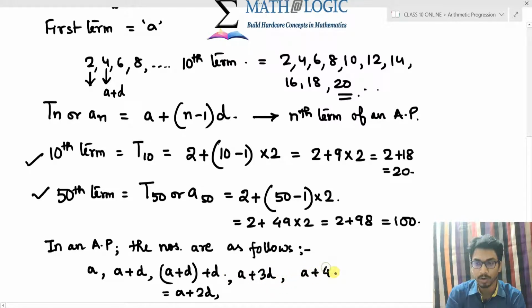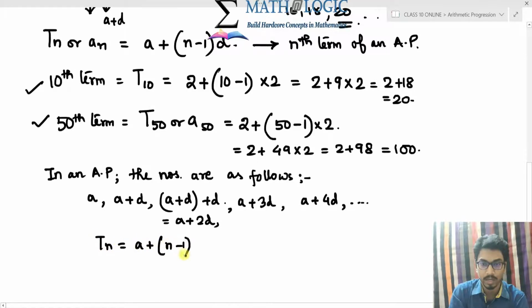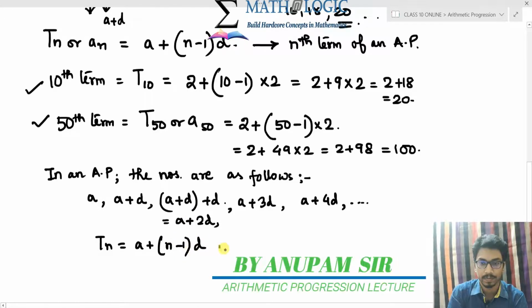Obviously A plus 4D, and so on. And thereby you can say that the nth term, that is the last term, Tn, is equal to what? A plus n minus 1 multiplied by D, which I have already told you. Clear with this? Up to this much it is clear? Okay.